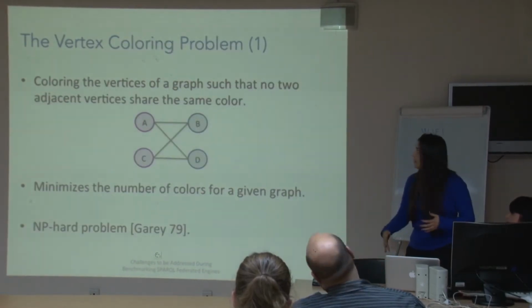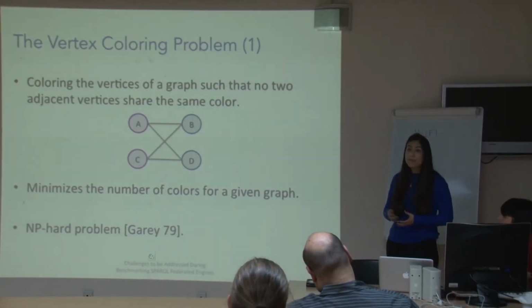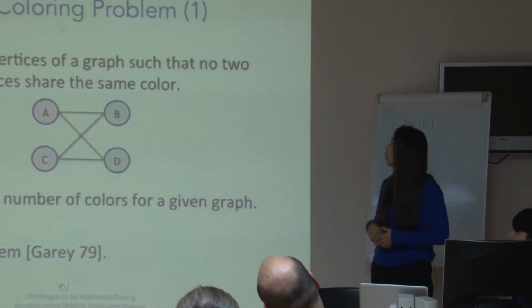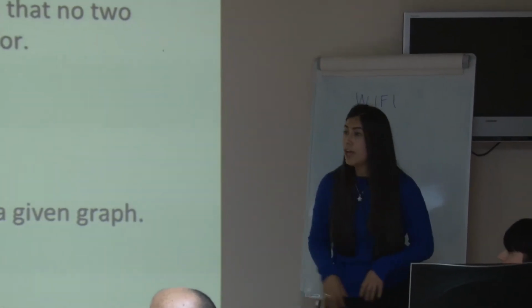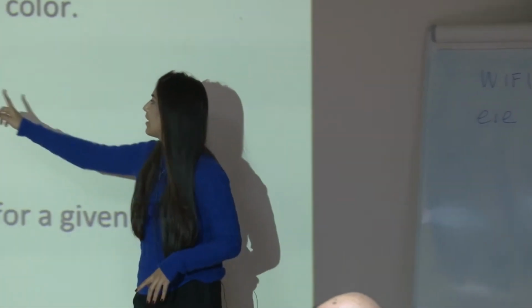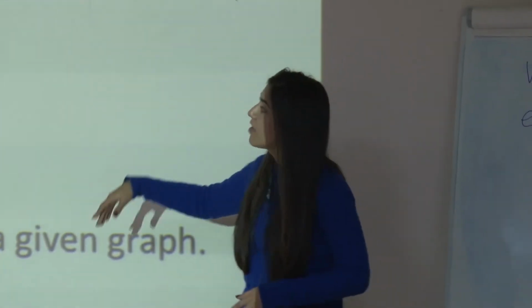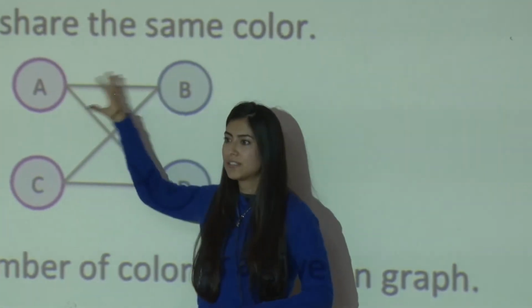So let me introduce the vertex coloring problem. The problem consists of coloring the vertices of a graph such that no two adjacent vertices share the same color. I have this graph here with the nodes A, B, C, and D, and since A and B have an edge between them, I cannot have them in the same color.